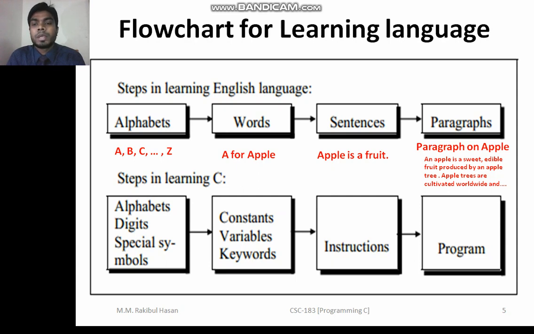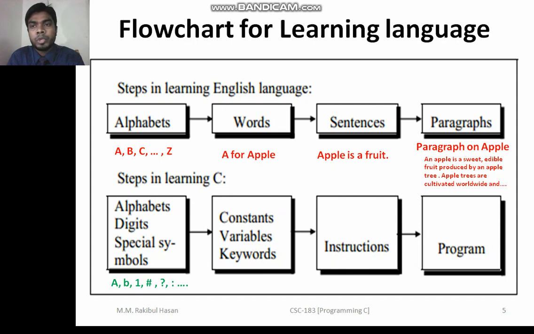The first step is you have to learn some alphabet, digits, and special symbols. Alphabet means again capital A to Z and small a to z. Then digit means 0 to 9, and we need to learn some punctuation marks like comma, semicolon, full stop, and some special symbols like hash, question mark. So these are the things you need to know.